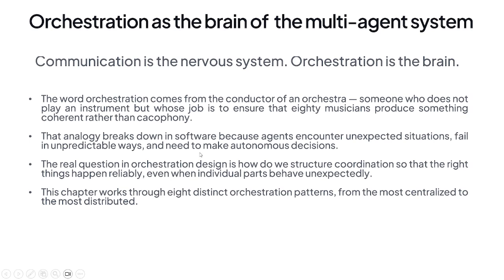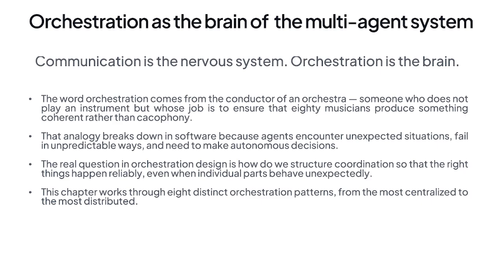This chapter walks through 8 distinct orchestration patterns, from the most centralized to the most distributed or hybrid. The orchestrator decides what gets done in an agentic system, in what order, by whom, and what happens when things fail in the system.